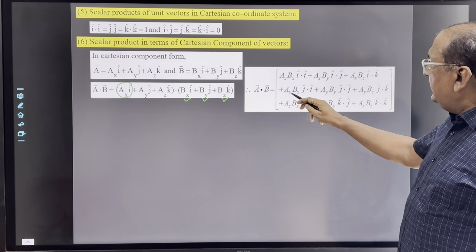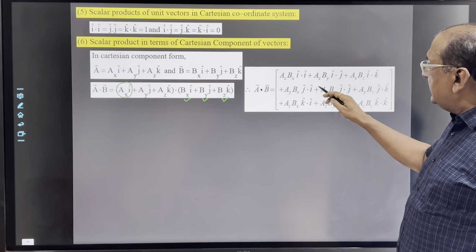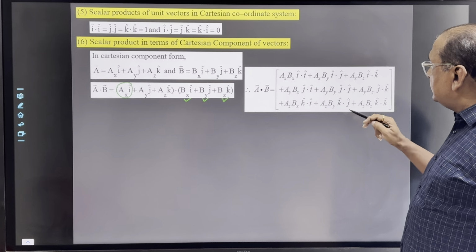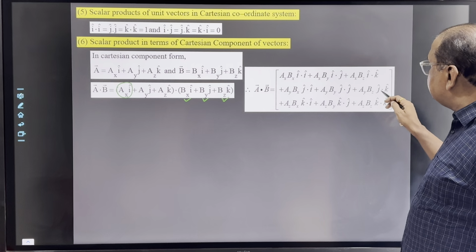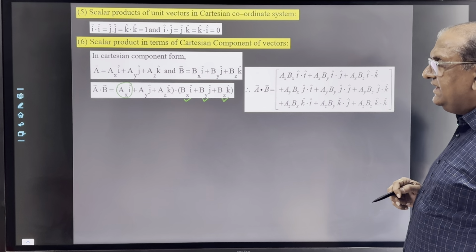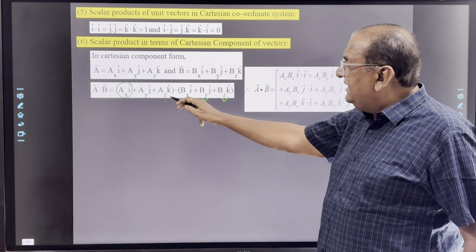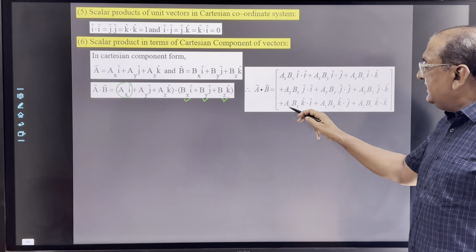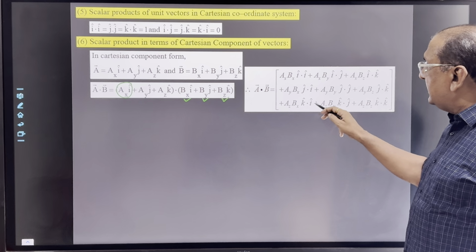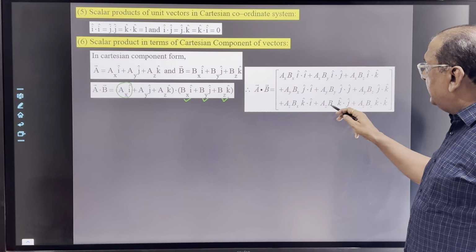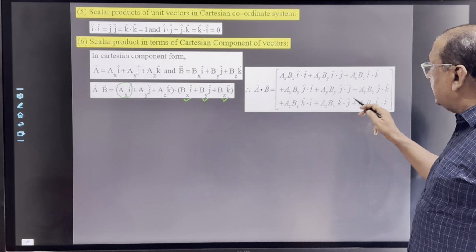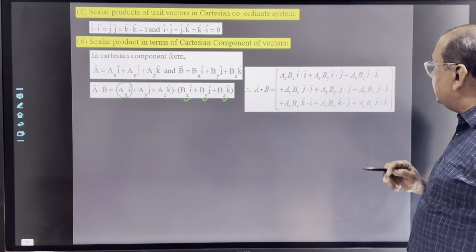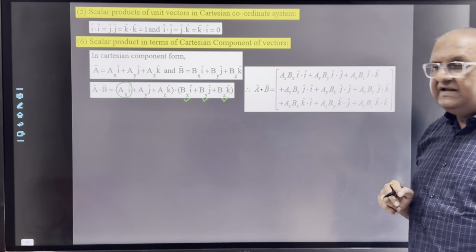So we get AY BX j caret dot i caret, AY BY j caret dot j caret, plus AY BZ j caret dot k caret. Then multiply AZ k caret with these three. So we get AZ BX k caret dot i caret plus AZ BY k caret dot j caret plus AZ BZ k caret dot k caret.